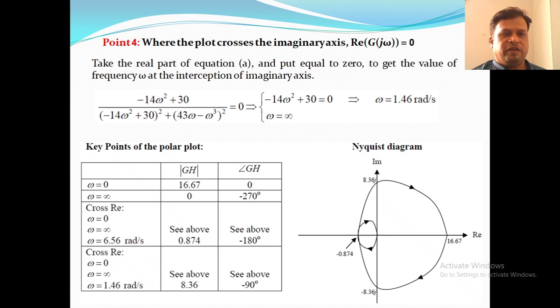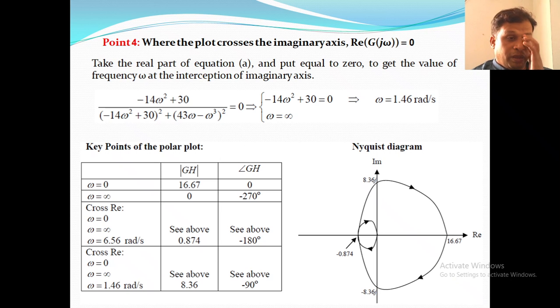Taking the real part of equation A and putting it equal to 0 to get the frequency omega at the intersection of the imaginary axis, after solving we get (minus 14 omega square plus 30) divided by ((minus 14 omega square plus 30) square plus (43 omega minus omega cube) whole square) equal to 0. After solving, the numerator is equal to 0, so omega is equal to 1.46 radians per second, as well as omega equal to infinity.